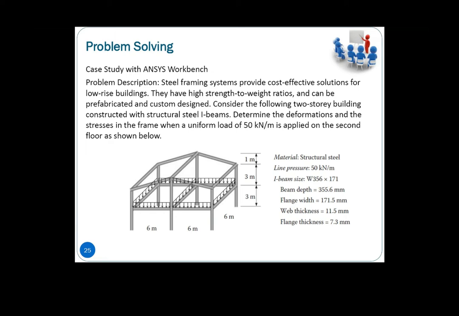We have to first find each member's local stiffness matrix, transform it to the global coordinates, and only then start solving it. Again, this is not 2D in terms of X, Y; you also have the Z directions coming into play.